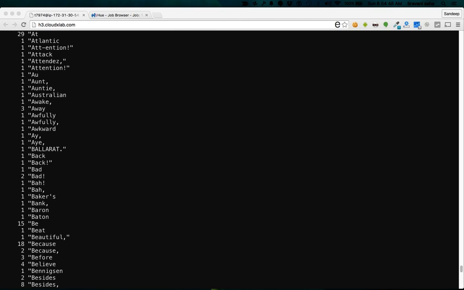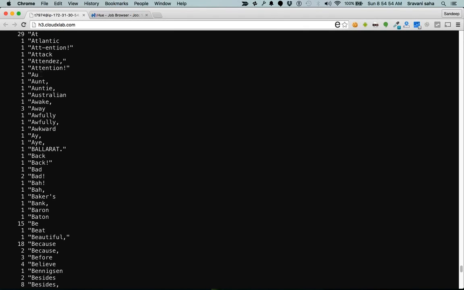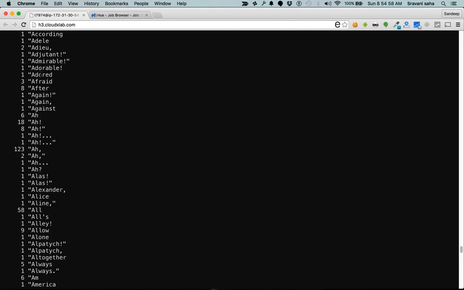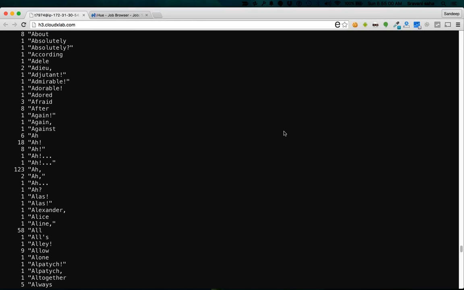So our Hadoop job, which was cleaning the data and counting the words, has done this kind of job. Are you happy with this? Peter wants to sort it by most common word.